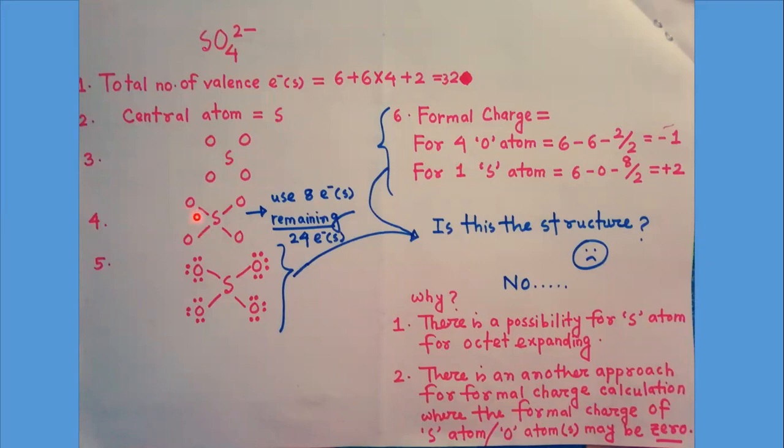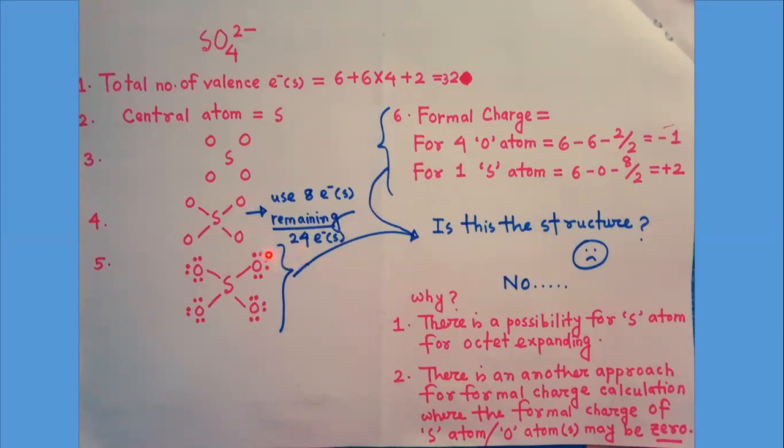Then make a single bond between oxygen and sulfur atom. Here, here, here and here. In each bond there are 2 electrons. So out of 32 electrons, 8 electrons are used here and 24 electrons are remaining.